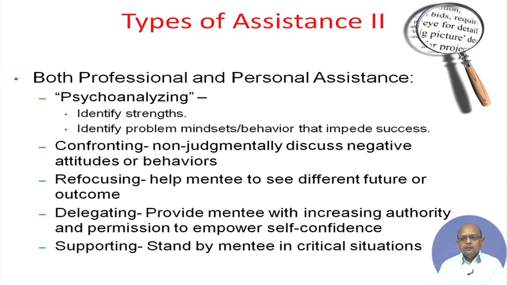And then delegation of authority. You provide him enough authority, and that is where we talk about empowering, which is going to develop self-confidence, right. And supporting, definitely. As a mentor, it is your responsibility to support him whenever any criticality arises. That is very, very important, because if you are not able to support him, he will probably not be able to stand the pressure.